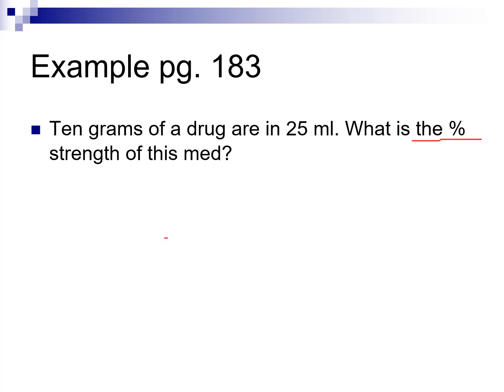So you're trying to solve for the number over 100. You don't know the percent, so that's what you're trying to solve for. I like to set them up this way.